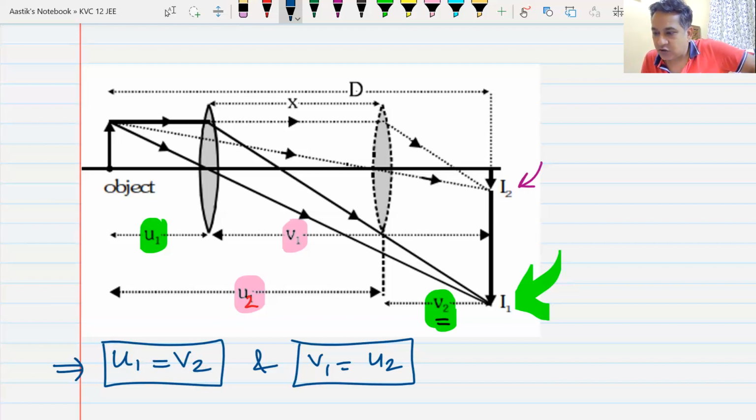U1 is the object position in case number 1, V1 is the position of the image in case number 1, U2 is the object position in case number 2, V2 is the image position in case number 2. U1 will actually come same as V2, and V1 will come same as U2.